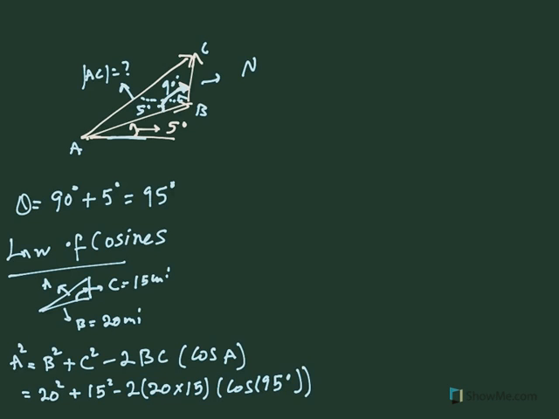And to continue on this side here, A squared is equal to, so 20 squared is 400, and 15 squared is 225, then minus 2 times 20 times 15 is 300, times the cosine of 95 degrees.